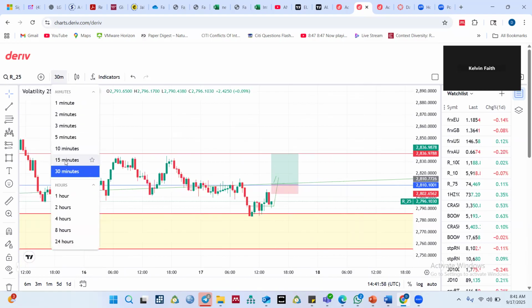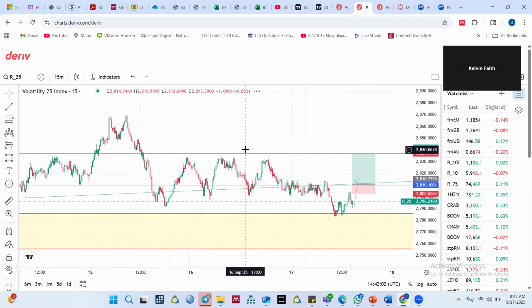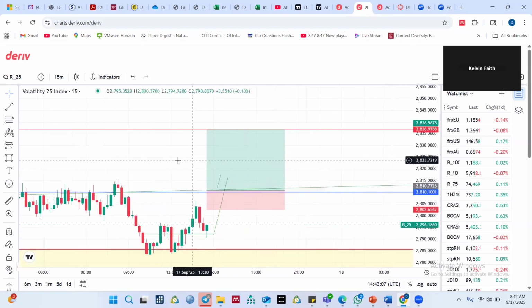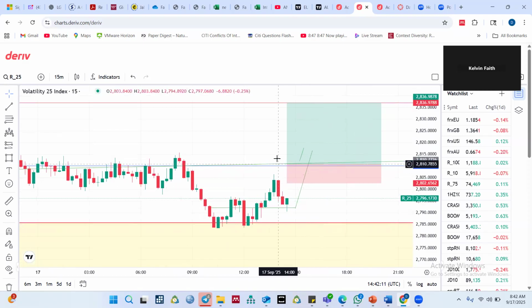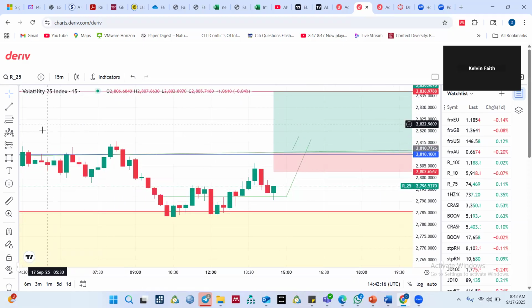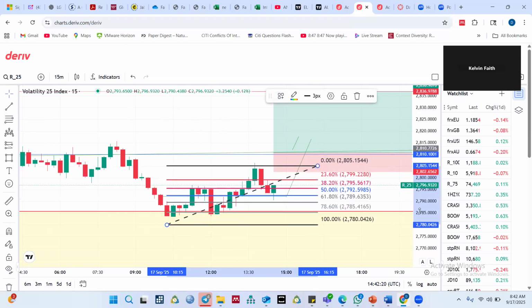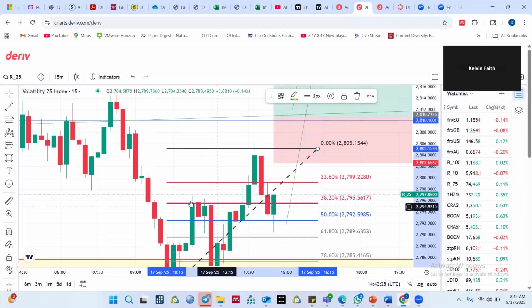Let me still go to the 15 minutes and see what is happening there. Okay, good. We have two 15-minute candlesticks that pushed down. We see a break of structure here and price drops to retest that area.